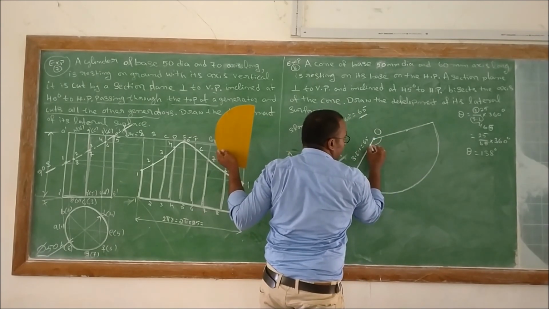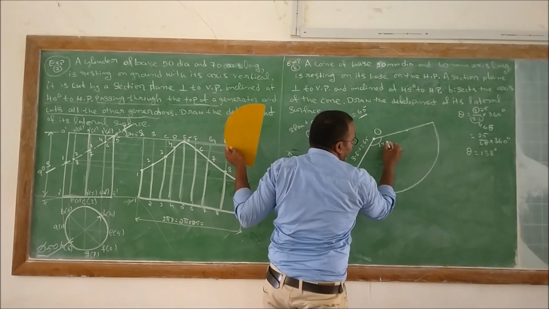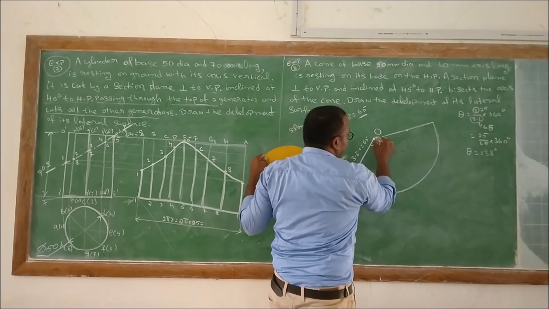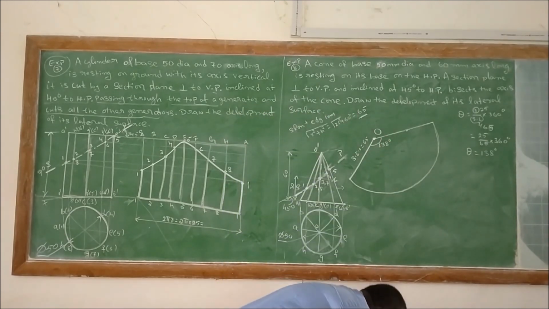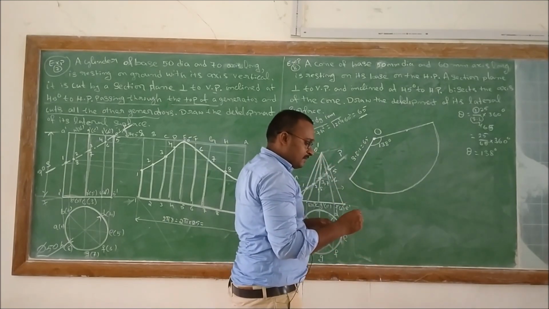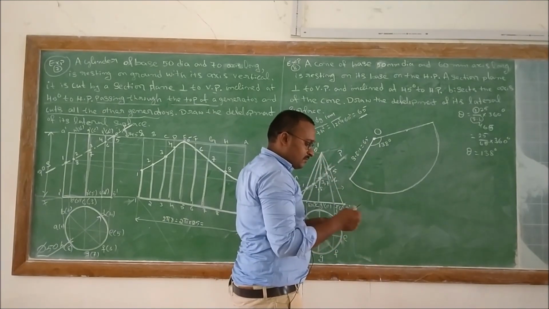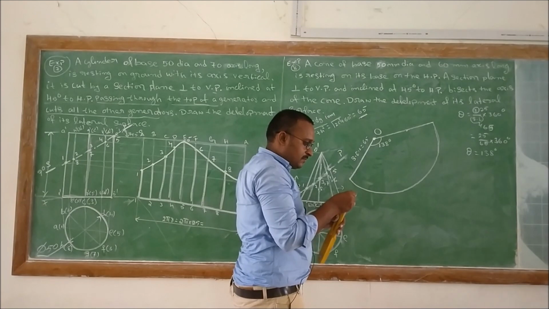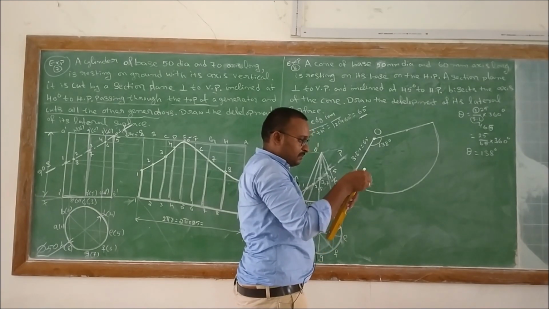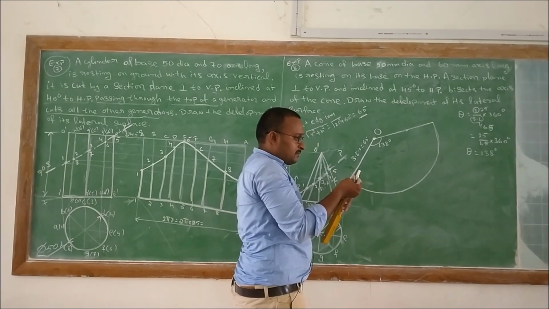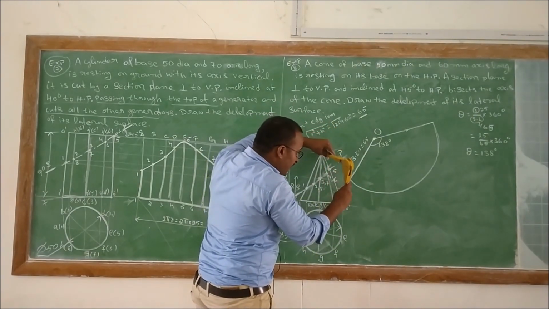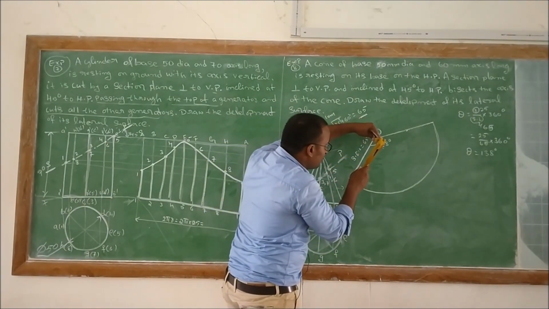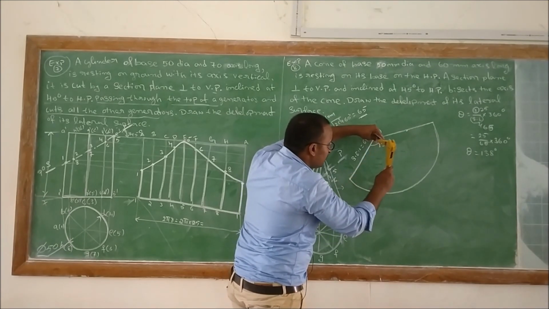Here this is the 138 degrees angle. Then take the radius of O dash to E dash. It should be equal to this.